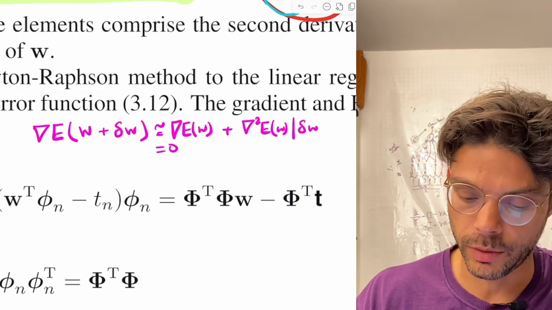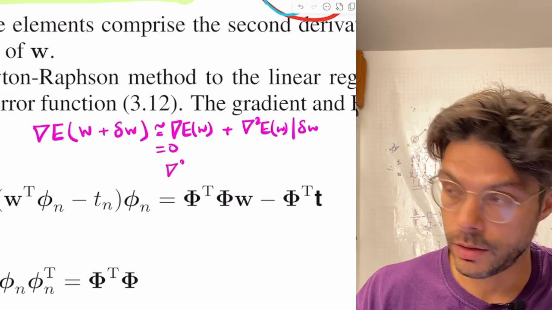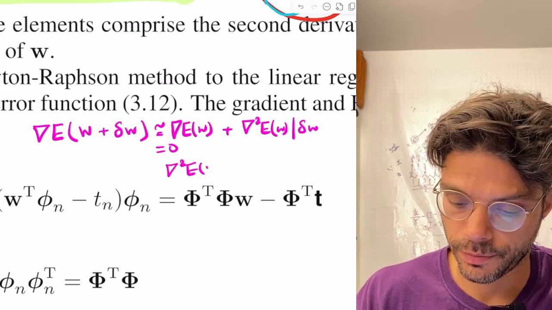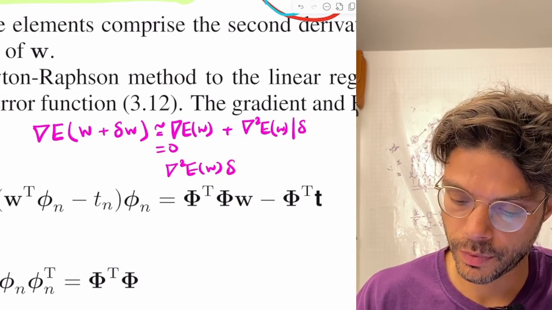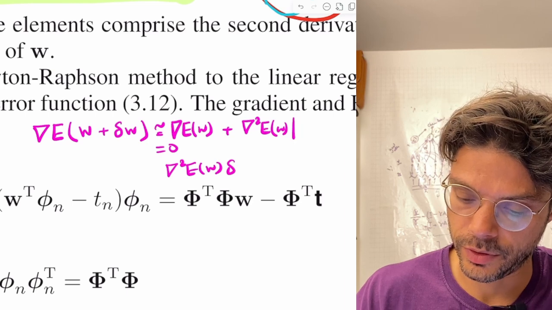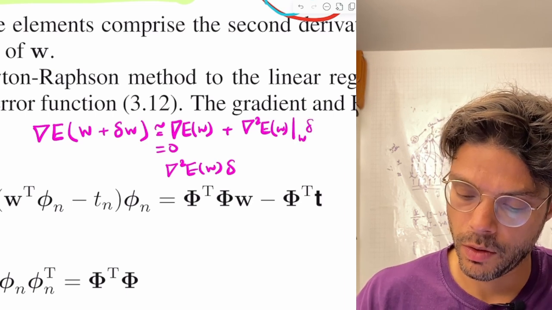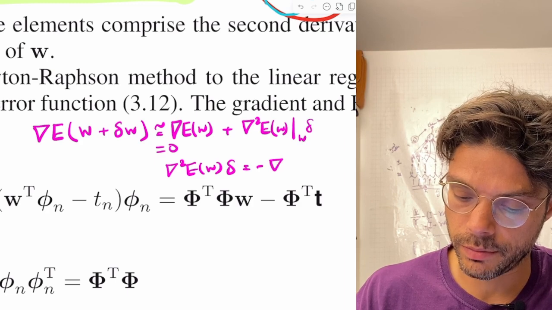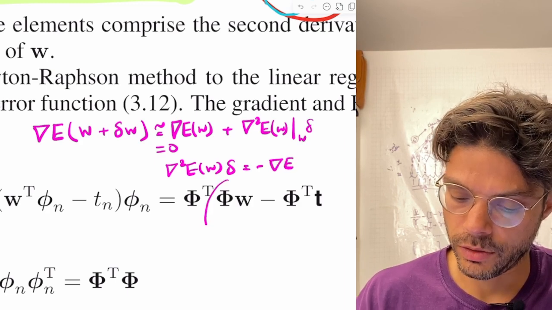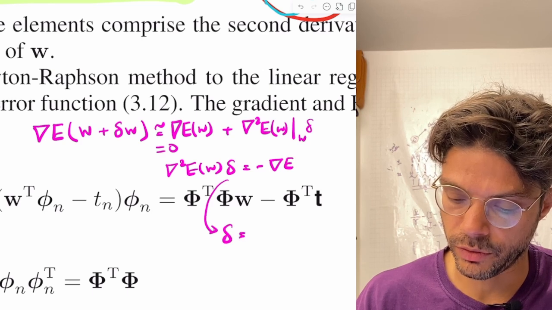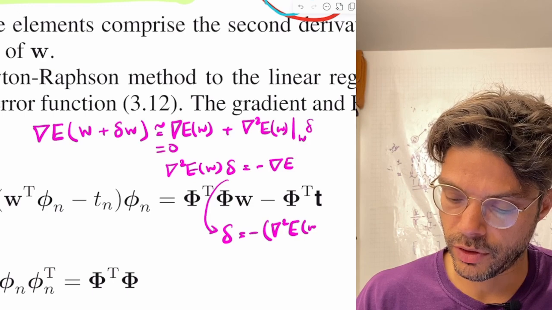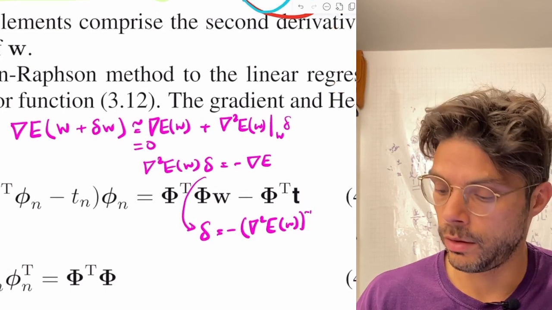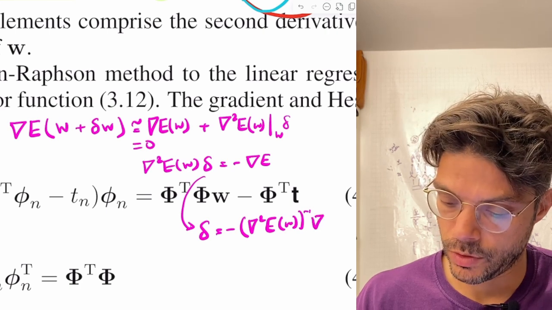So if we do that, we simply get the curvature at w times delta is equal to minus the gradient at w. And so delta is equal to minus the inverse of the curvature times the gradient.